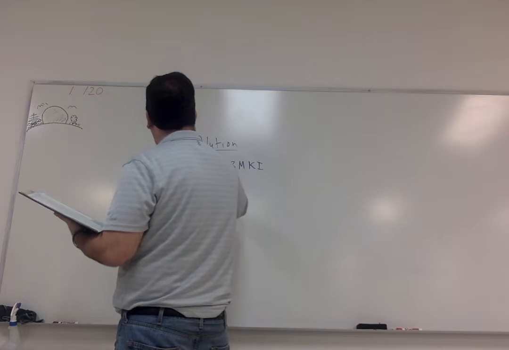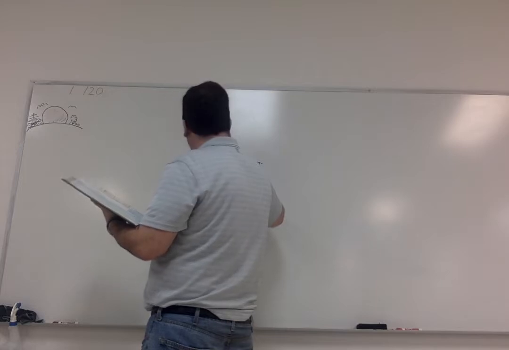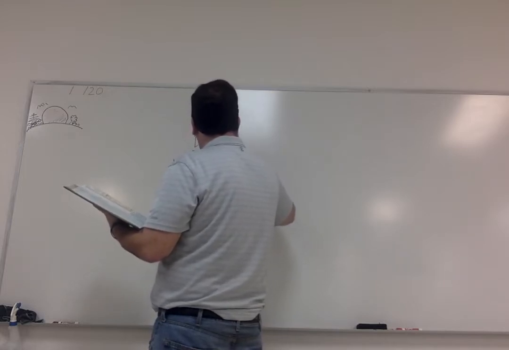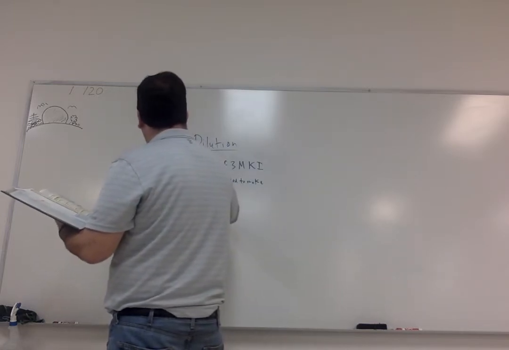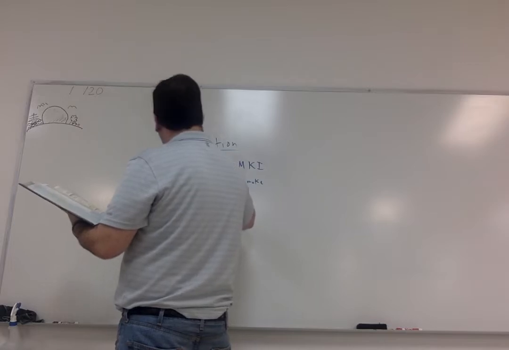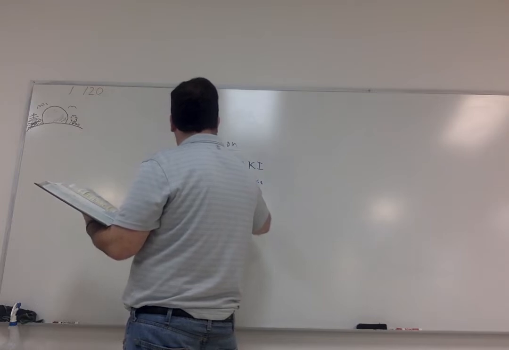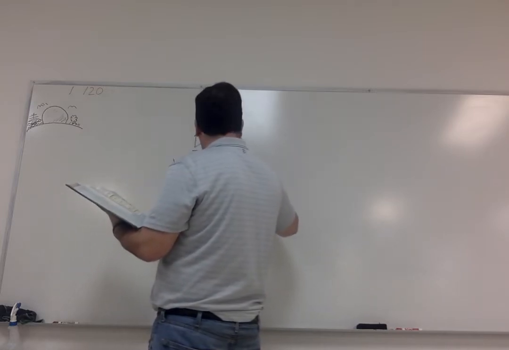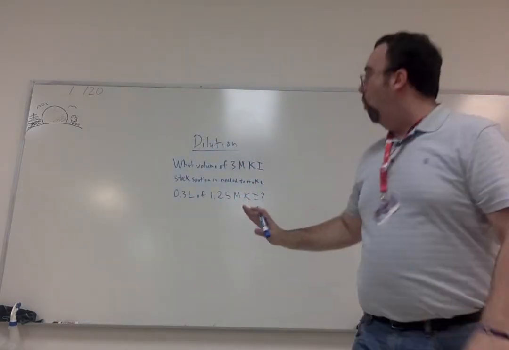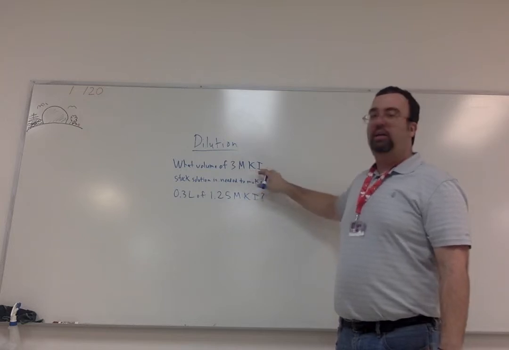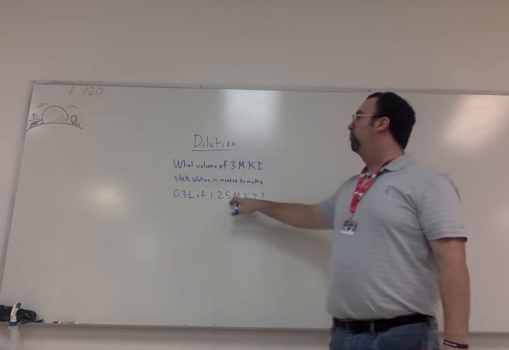Stock solution is needed to make 0.3 liter of 1.25 molar KI. All right, so here's the question. What volume of 3 molar potassium iodide stock solution is needed to make 0.3 liter of 1.25 molar KI?